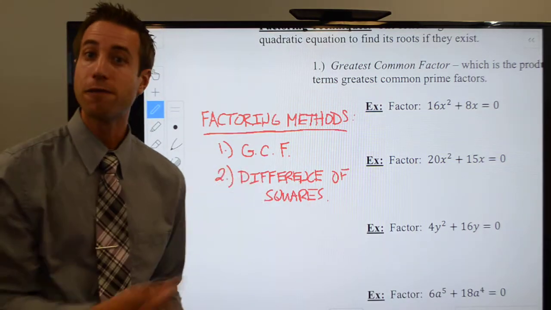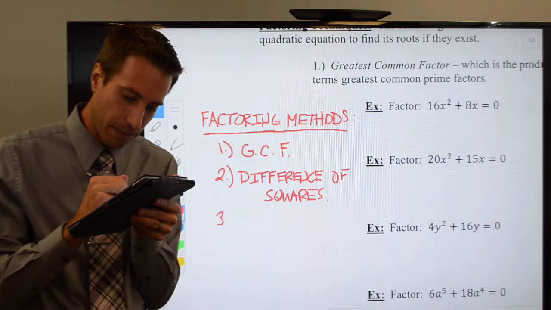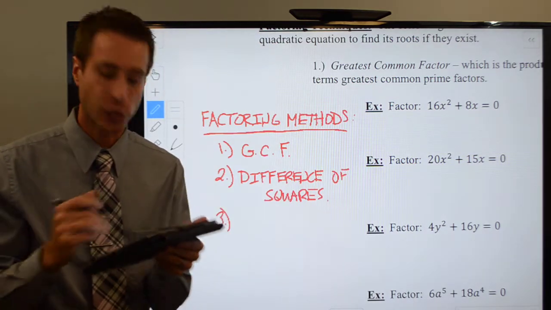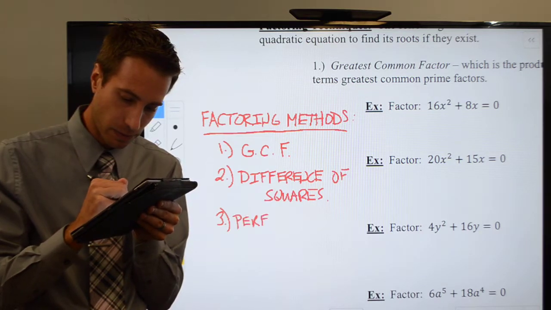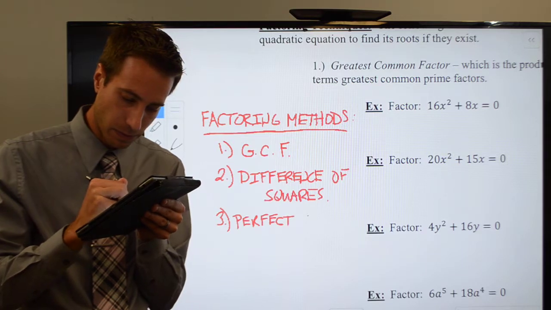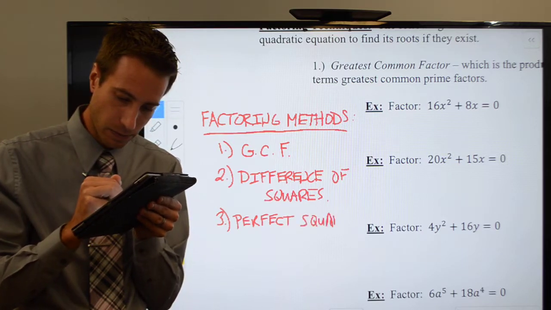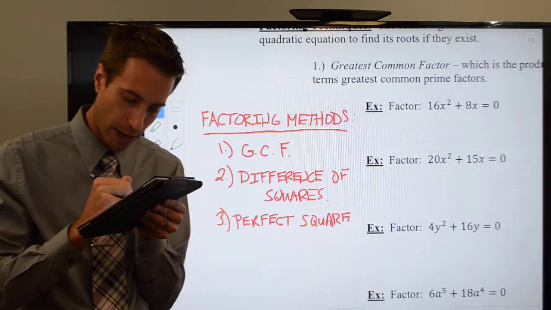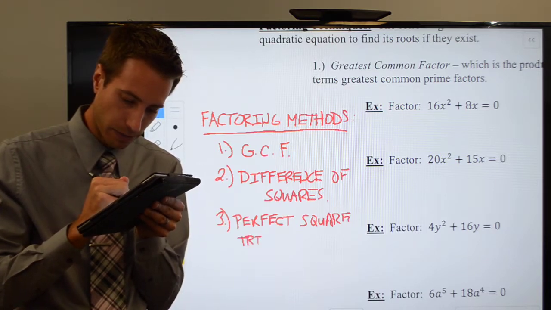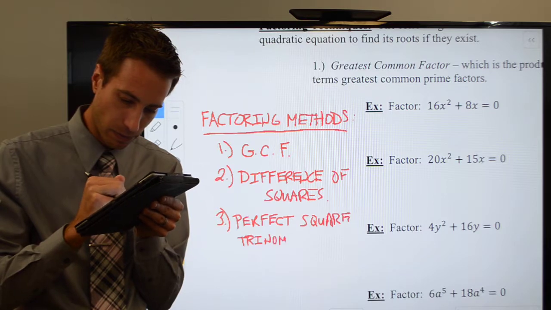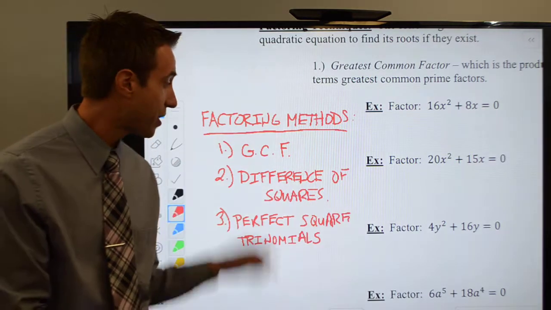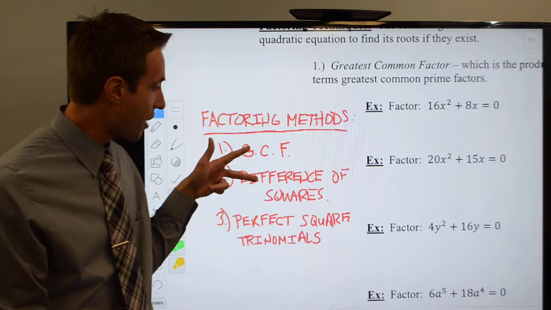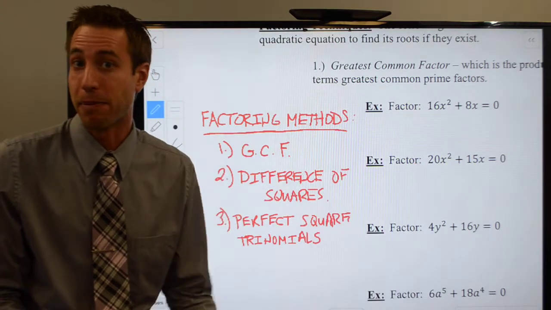But what if neither of those work? Well, then we have option number 3, which is going to be perfect square trinomials. And again, perfect square trinomials, a little bit trickier method than GCF or difference of squares, but if neither of these two work, it might be the way to go.